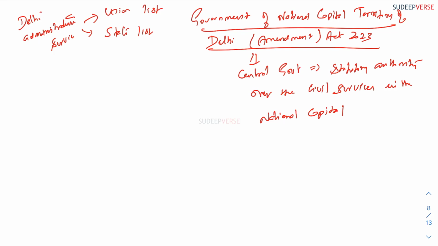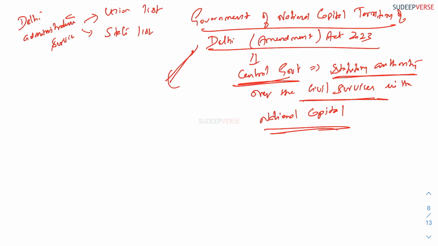This particular act was passed as an amendment to make sure that the central government will get the statutory authority of civil services in the national capital. So basically, this amendment has negated the Services Judgment 2023. So this is what has happened.